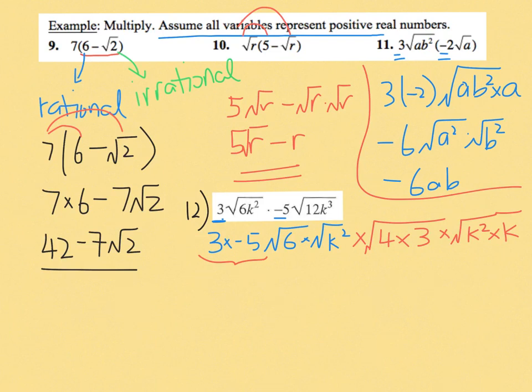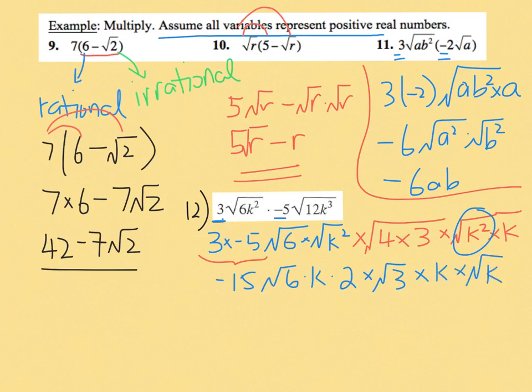15, negative 15, and then square root of 6 is by itself, and I can now simplify square root of k squared to give me k, and square root of 4 is equal to 2, square root of 3 times this equals k times square root of k.